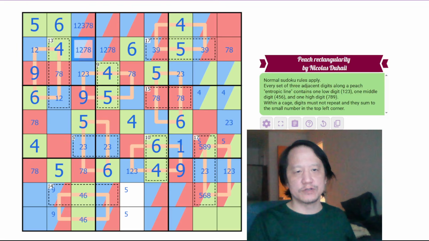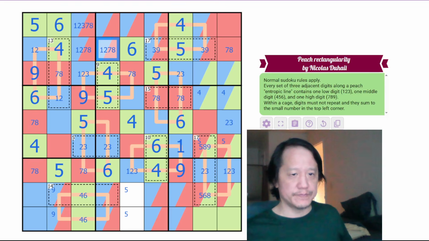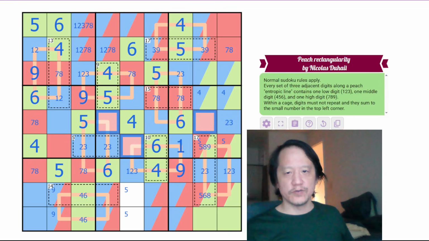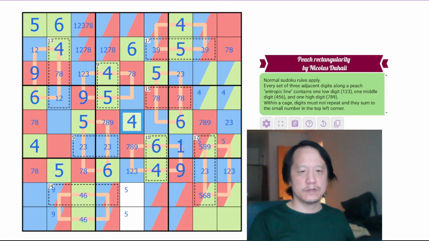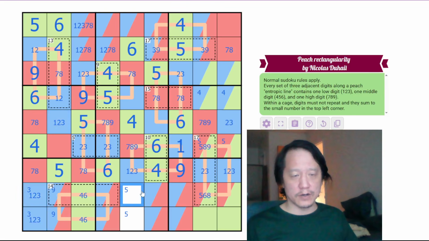Obviously, this is 1 or 2. Don't have that much information here. These are 7, 8, or 9. The lows are 1, 2, or 3. So we're guaranteed one of these has to be a 3 here.